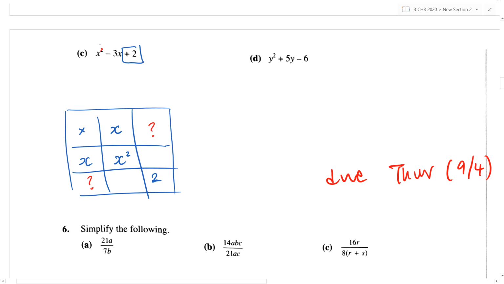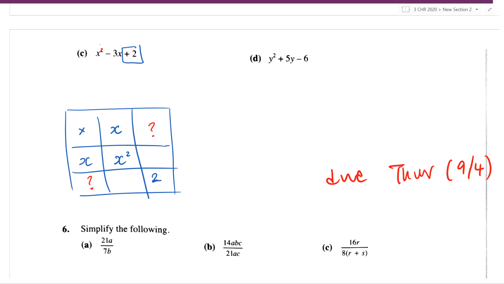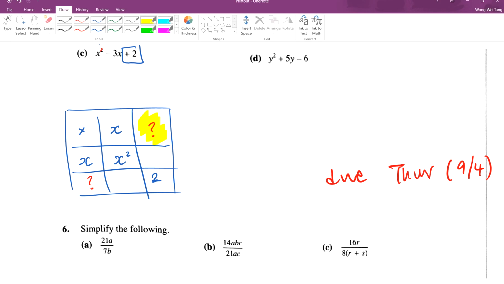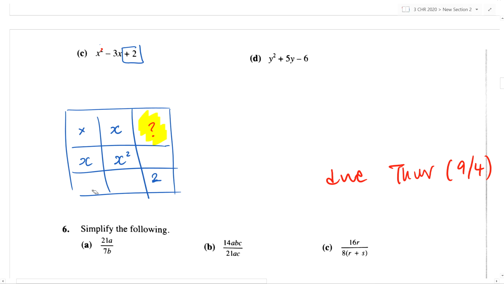So these 2 blanks with the red question mark, let me highlight it as yellow and green again. This yellow, this is green.